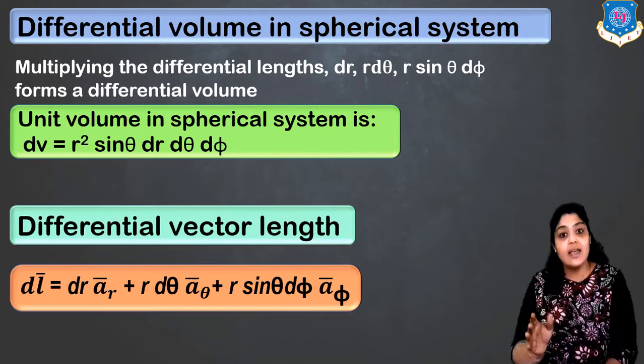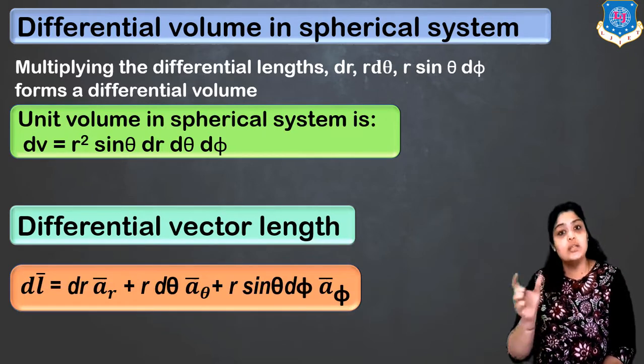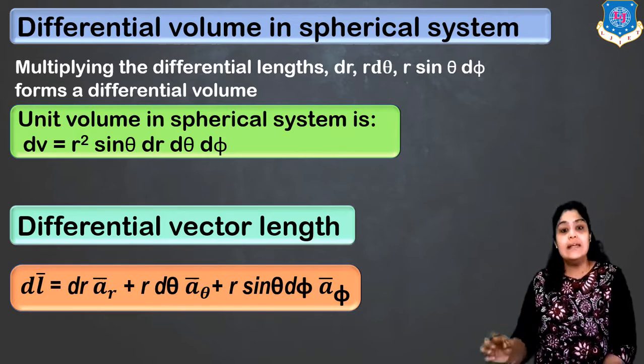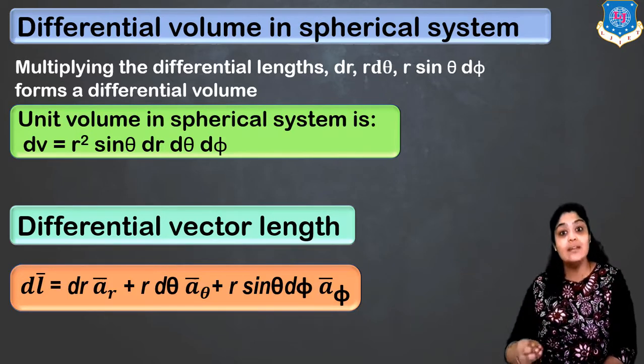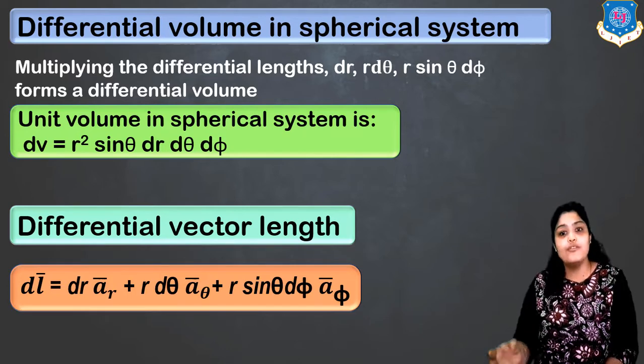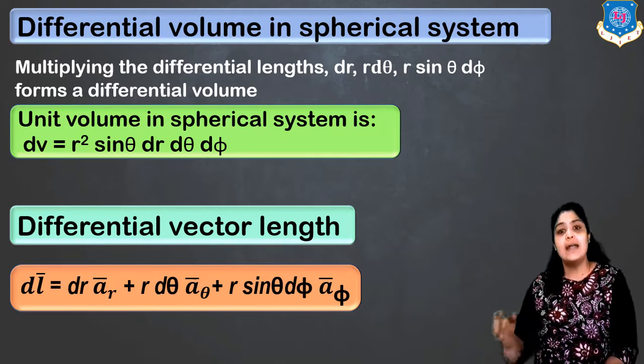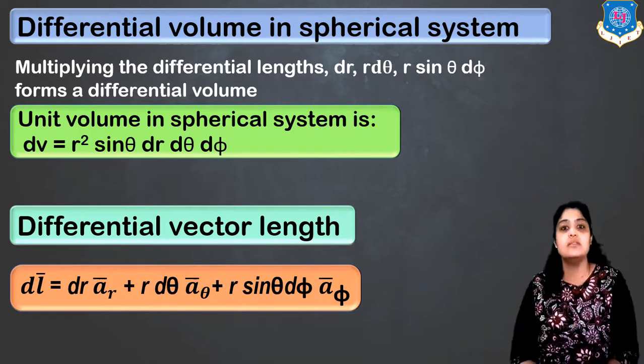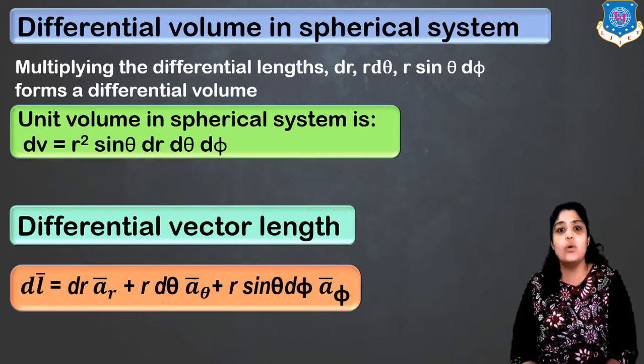It is dr a_r, where dr is the change along the unit vector a_r, plus r d theta a_theta, where a_theta is the unit vector in the plane of theta, plus r sine theta d phi a_phi. This is how we represent the differential vector length in the spherical coordinate system.